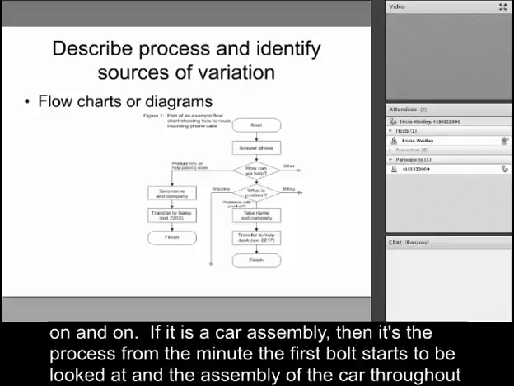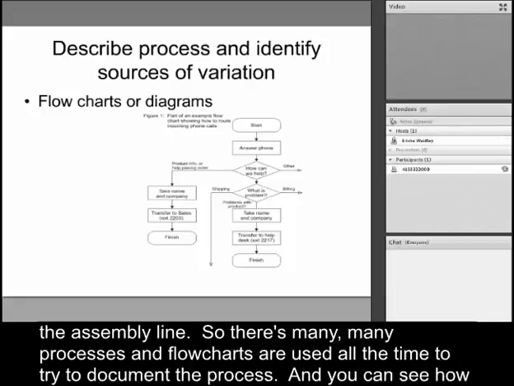So it just goes on and on. If it's a car assembly, then it's the process from the minute the first bolt starts to be looked at and the assembly of the car throughout the assembly line. So there are many, many processes, and flow charts are used all the time to try to document the process.